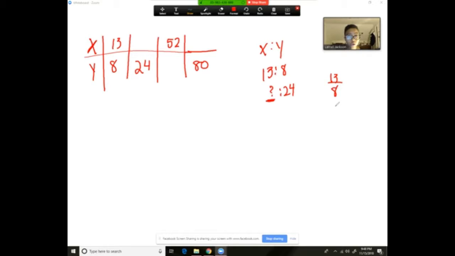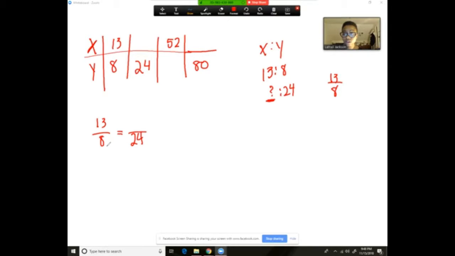So we look at the next column, and we say, since 13 over 8 is the ratio, how do I get from 13 over 8 to something over 24? I have to find out what number I can multiply 8 by to get 24.